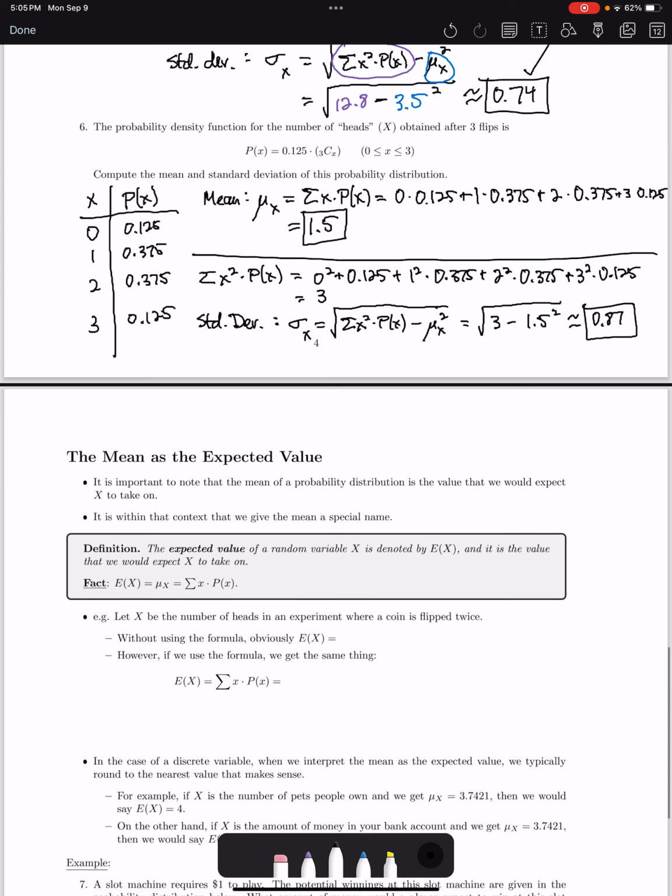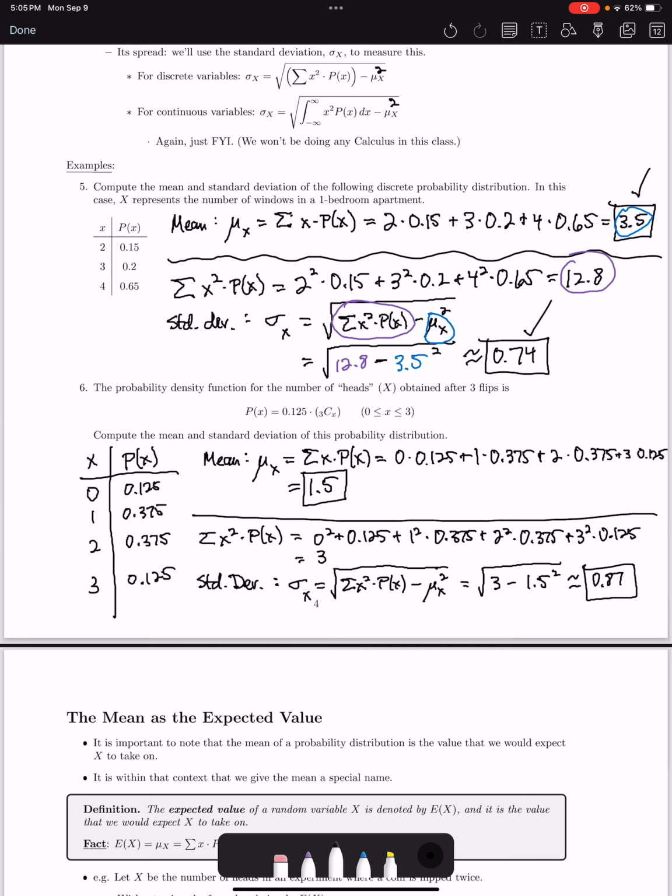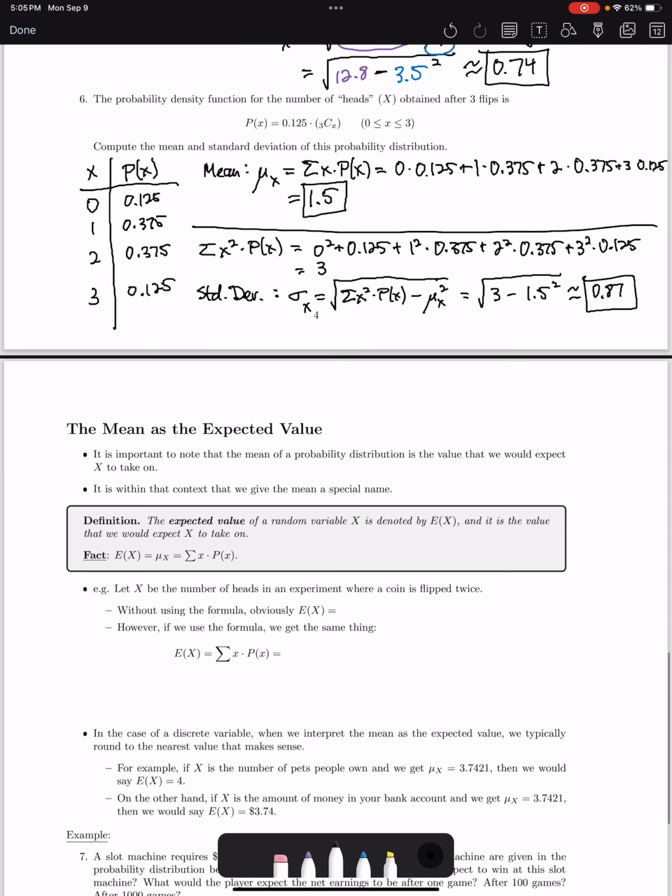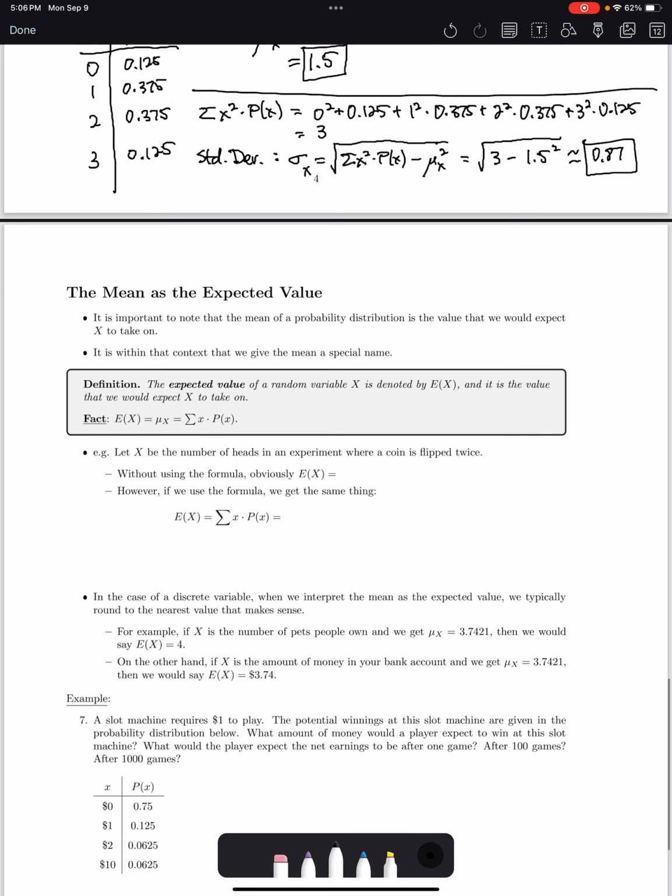Going back to our coin flip example, if x is the number of heads that you obtain after 3 flips, well, 3 is kind of a bad example because it's an odd number, but let's say you flipped the coin 4 times, you would expect to get heads twice, because there's a 50-50 chance of flipping heads. So if you flip the coin 4 times, you expect to flip heads twice, and that's what the expected value is. The expected value is equal to the mean. It's the same thing as the mean.